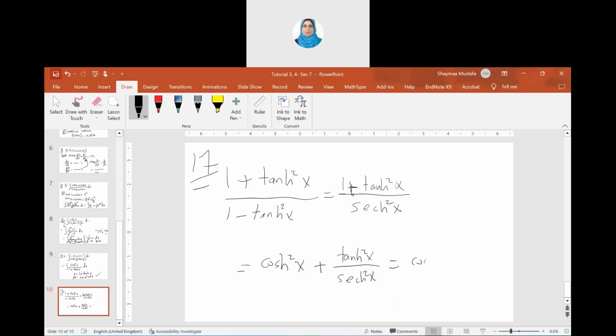Tan square is sine square over cos square, and 1 over sec square is cos square. So with this one, you have only cos square x plus sine square x. And also from identity, this one is equal to cos 2x. So here you can prove this one.